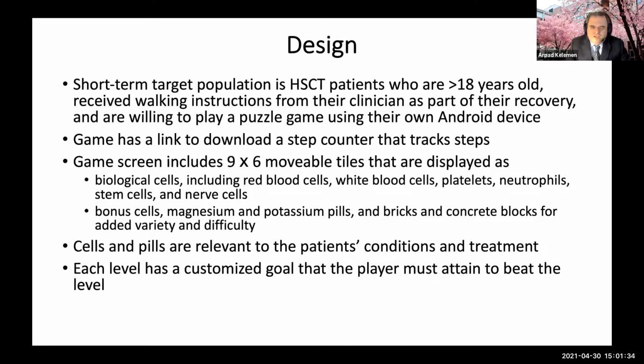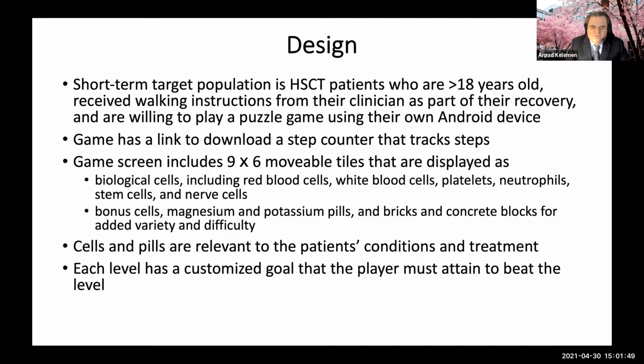They will need to have an Android device to play the game and to do the step counting. There's a specific reason why it's Android. I will get there later. The game also has a download link to the step counter, which is a separate app.